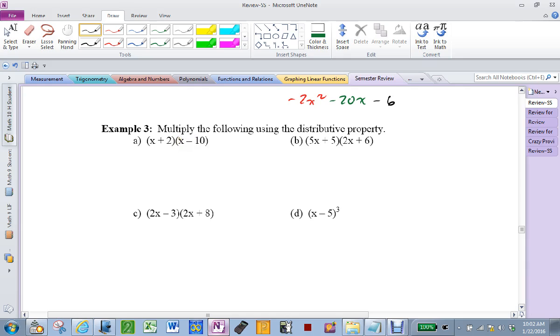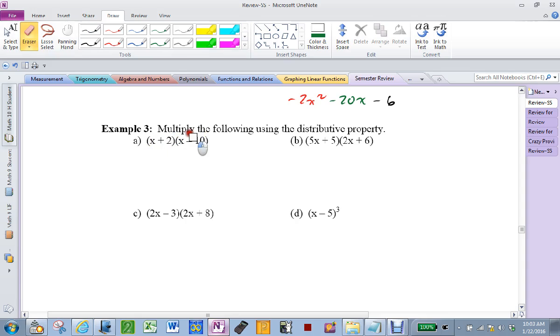But you do, because this is just x times that, plus 2 times that. That's all it is. If you can do 2x minus 20 and x times x minus 10, then you can do this.